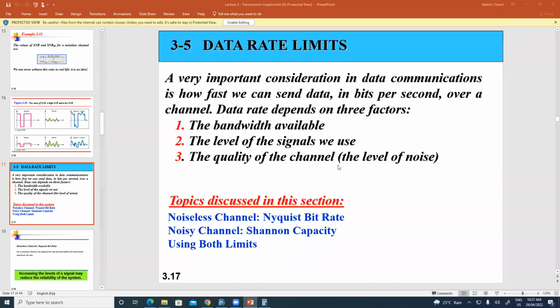Data rate limit says a very important consideration in data communication is how fast we can send data in bits per second over a channel. And data rate depends on 3 factors: the bandwidth available, the level of signals we use, and the quality of the channel, that is the level of noise that is present.